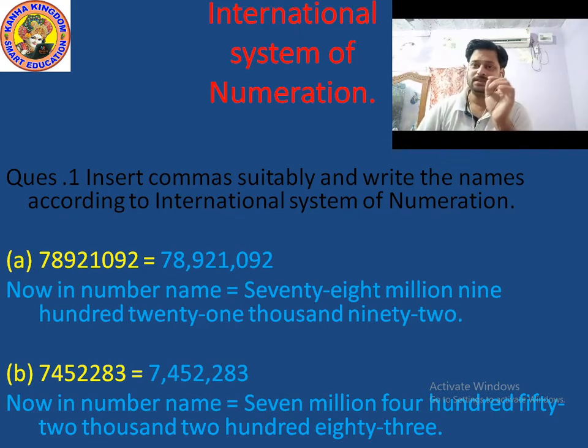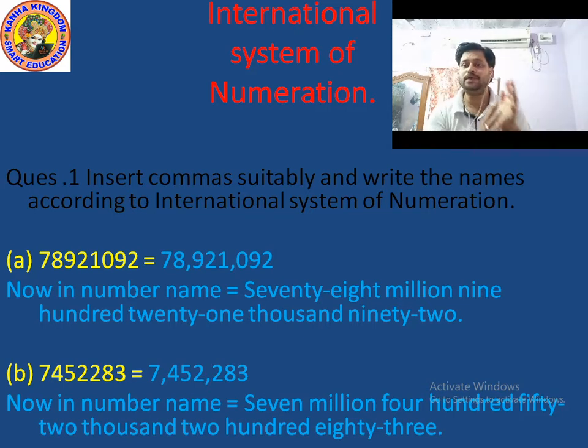Okay, so the correct placement of commas in this part is 78,921,092.